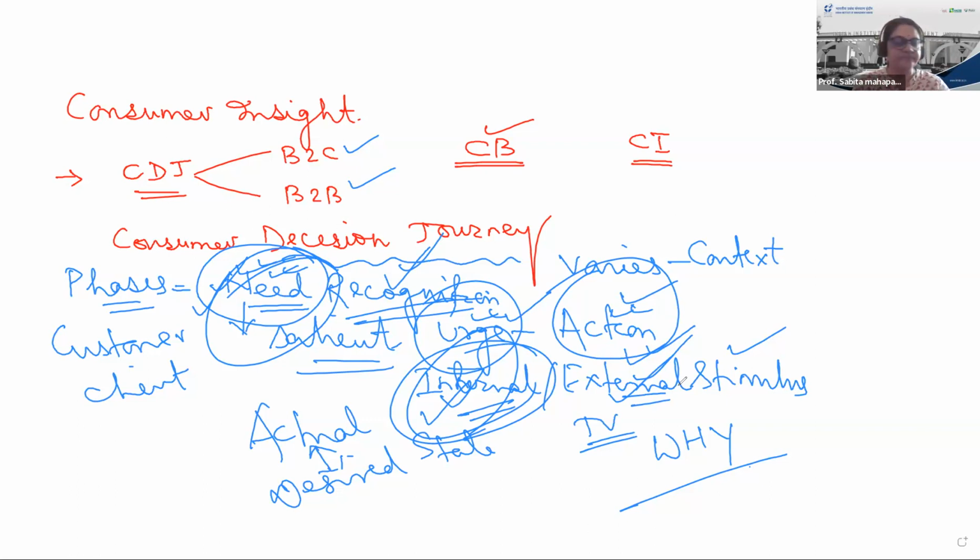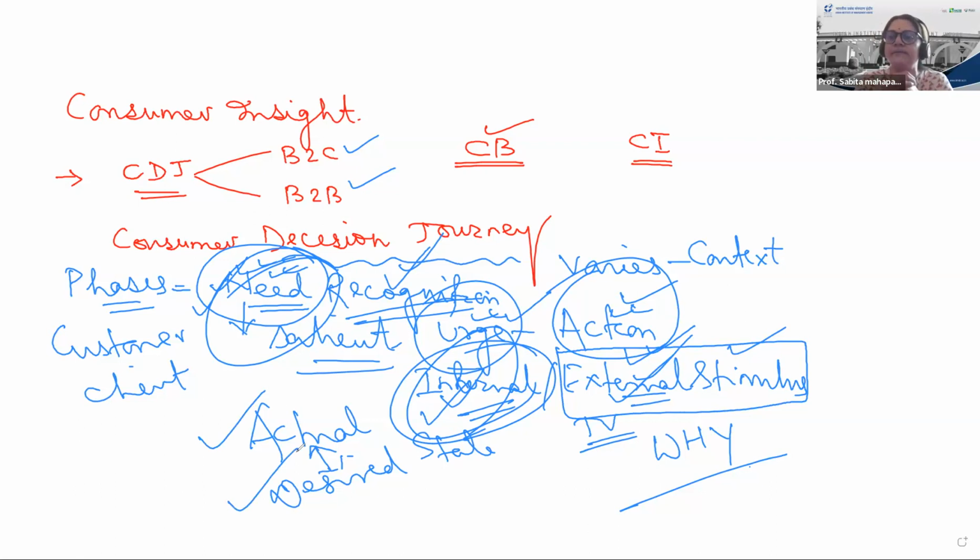Let us say, as a marketer, you would like to use the external because you have no control over the internal stimuli. So as a marketer, you have to work on the external stimuli. Why do you want to work on the external stimuli? Because you want to trigger the need. And how can you do it? Please try to bring a distance, a gap, between the actual and the desired state of affairs.